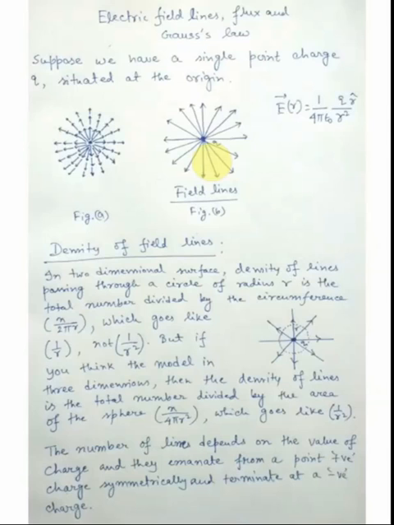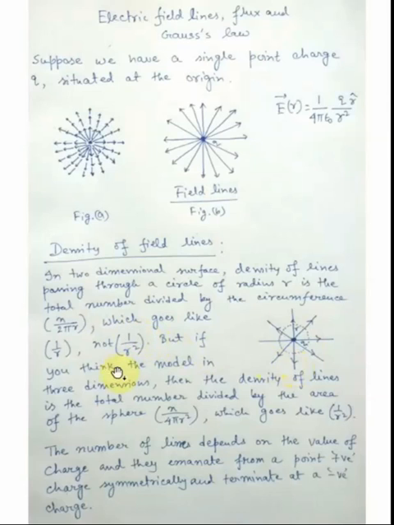So let's understand what is density of field lines. Now if in a two-dimensional surface like this, the density of lines passing through a circle of radius r is the total number divided by the circumference, that is n by 2 pi r. So 2 pi r is the circumference of this circle of radius r.